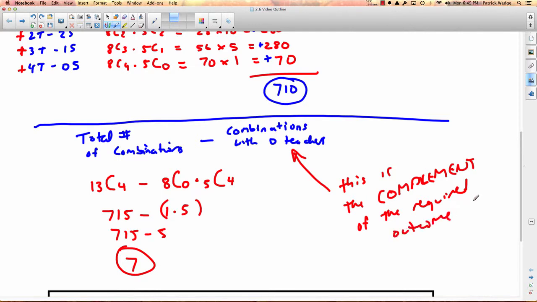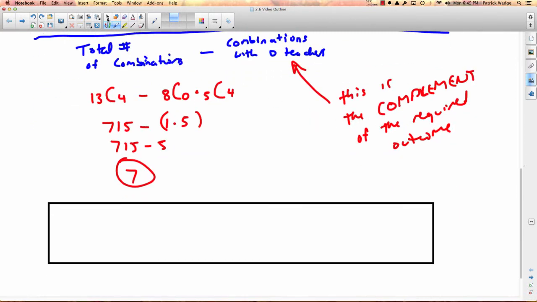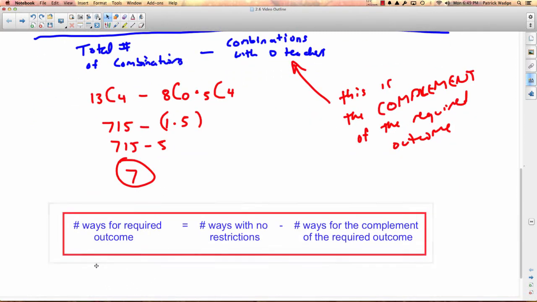Complement of the required is the part that's not required, the part that you're not interested in. And sometimes you can use this. The number of ways for the required outcome is equal to the number of ways with no restrictions, the total number of combinations, minus the number of ways for the complement of the required outcome.